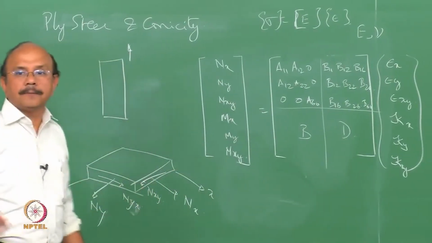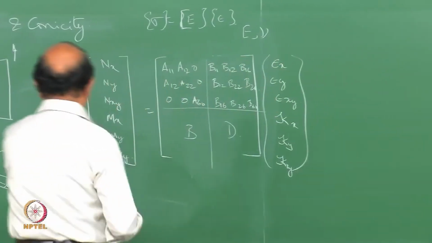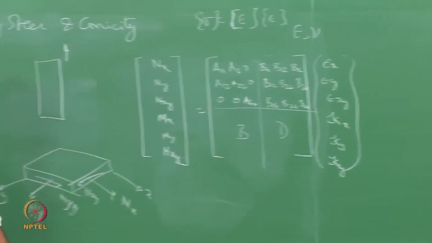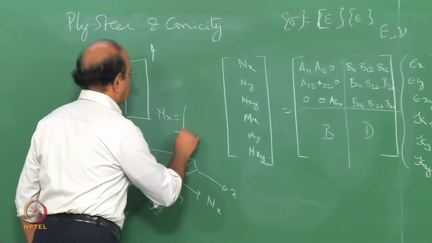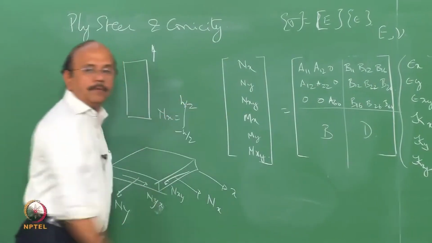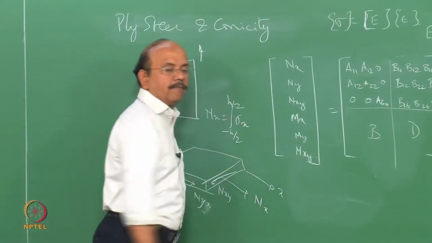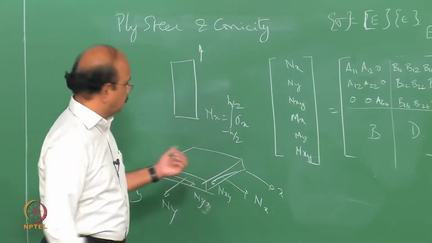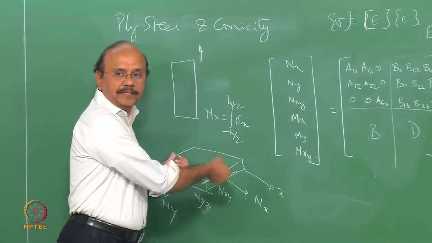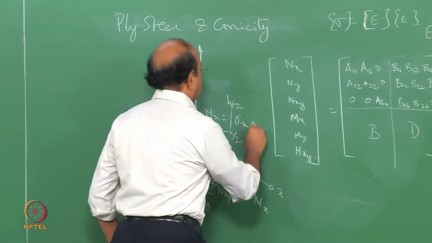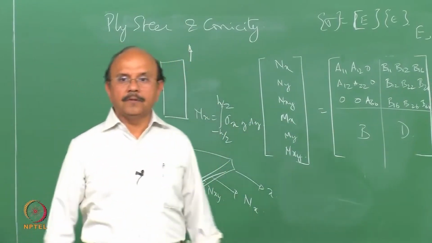the plate. Yes. So what is MXY? MXY, okay, good. So MX, MY and MXY are the result of the moments, okay, sigma x multiplied by z dz from minus h by 2 to plus h by 2.